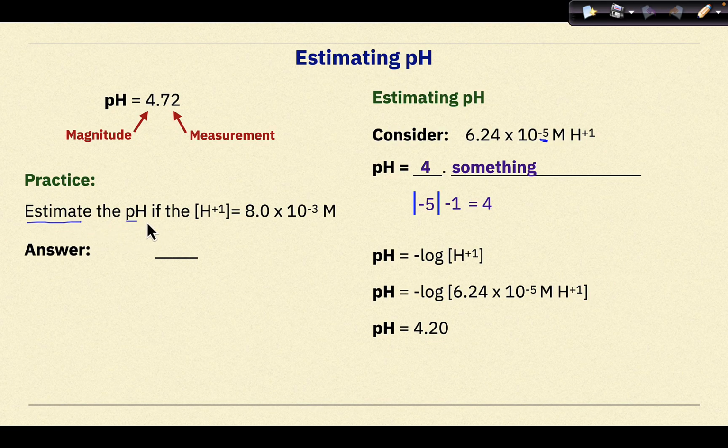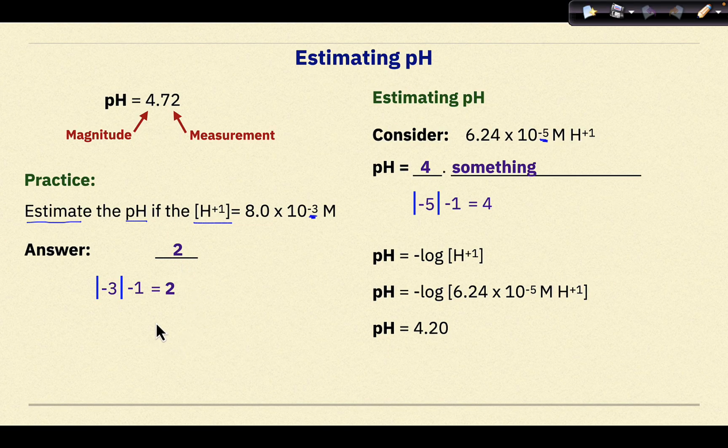Estimate the pH if the hydrogen ion concentration is 8.0 times 10 to the negative 3 molarity. So to estimate this, we would take the absolute value of the negative 3, and the negative 3 is coming from right here, minus 1, which will give us an answer of 2. So our estimated pH is 2.